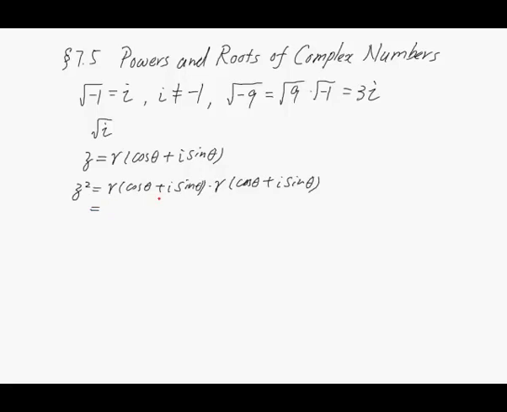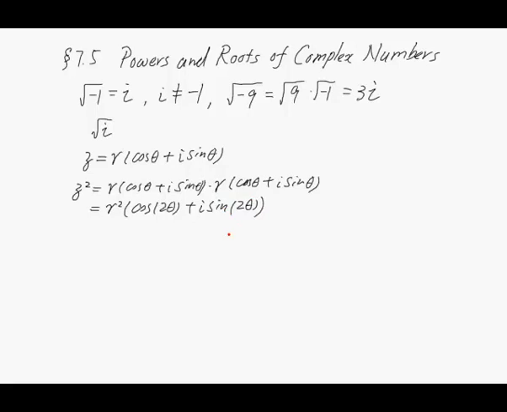We first multiply these two positive numbers, we get r squared. And then for this one, by the product rule for complex numbers in the trigonometric form, we just need to add the arguments, right? So we have cosine of theta plus theta, you have 2 theta. And similarly for the imaginary part, you have i times sine of 2 theta.